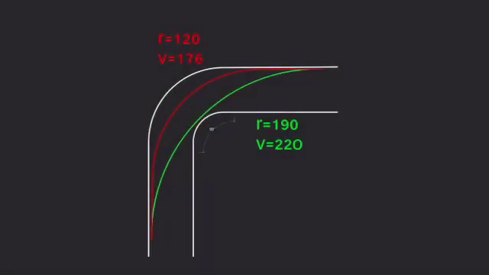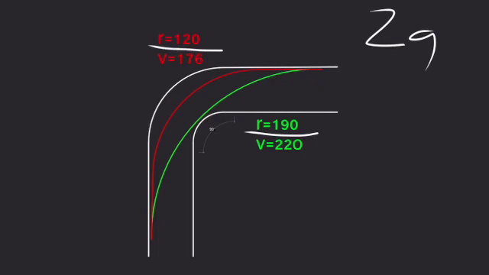Now in a 90-degree corner, there is a huge difference between hitting and not hitting the apex, as we can see now. You can see that in this 90-degree corner you have the same 2g acceleration, but there is a big difference in radius between the optimum green and the red.